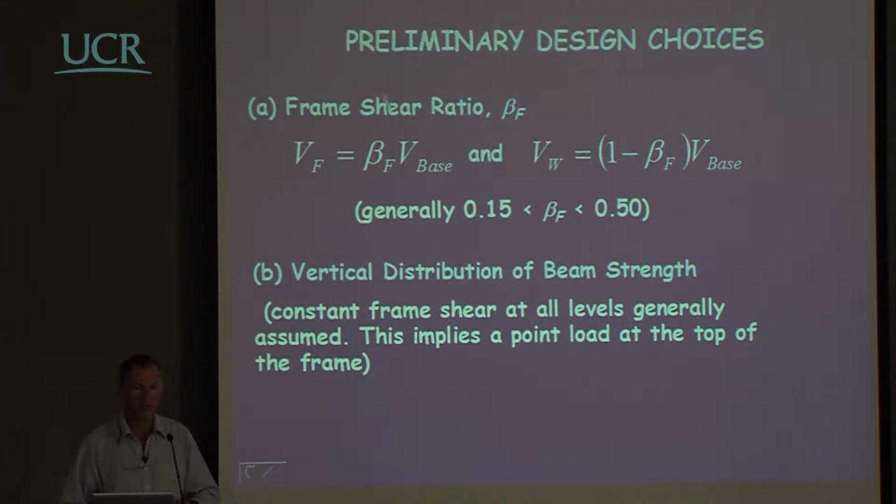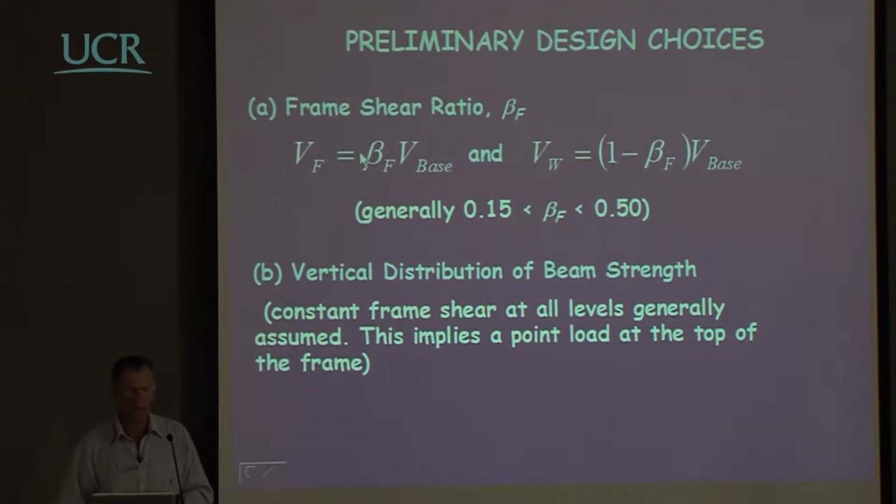And we have to make some sort of decision. The first decision we make is that we're not going to trust stiffness-based analysis. What we want to do is to make a rational decision where we choose how much of the total shear of the structure is carried by frame action and how much of it is carried by wall action.